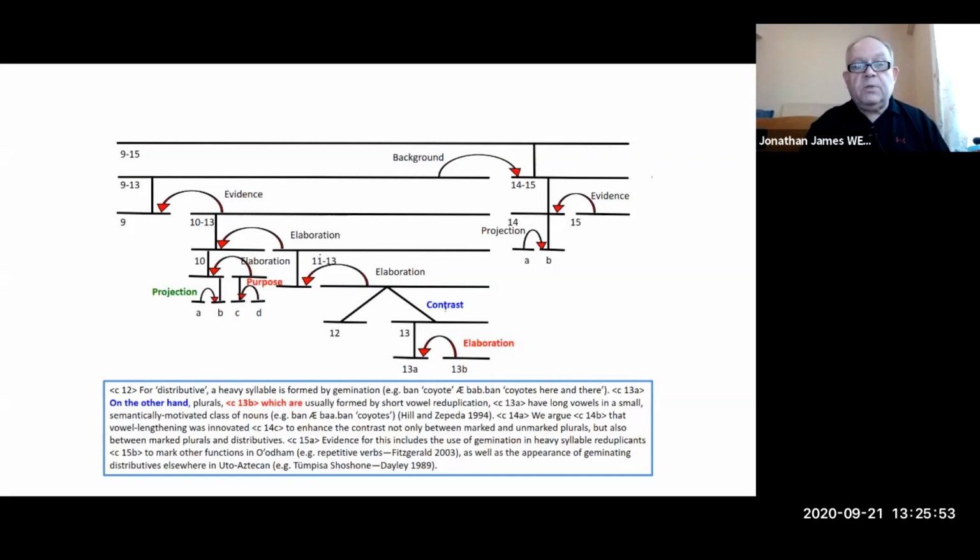hypotaxis, parataxis relations. But there's another point to make, and that is that hypotaxis and parataxis does not just occur between clauses. It occurs between these larger chunks of text. As we work ourselves up the hierarchy, it is still a relationship of hypotaxis and parataxis.